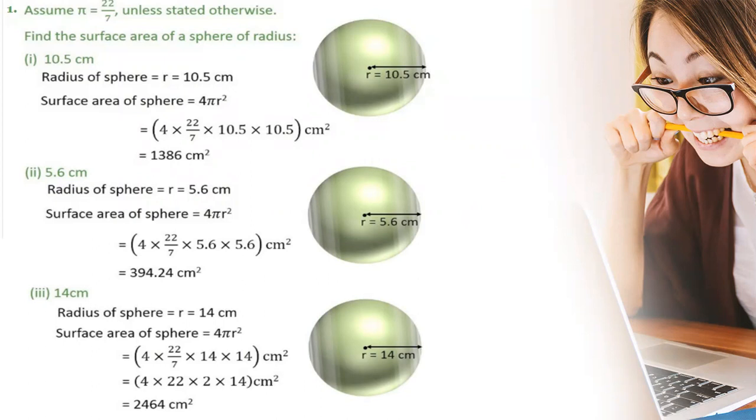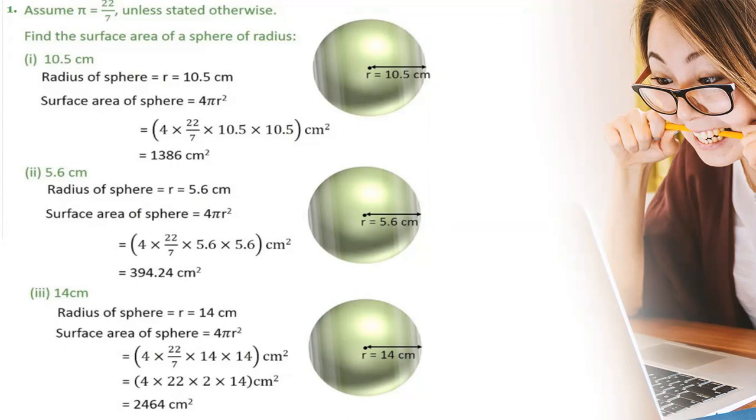So surface area of the sphere is 4 pi r square. Now substituting the value of pi as 22 by 7 and radius r value as 10.5, by solving we get the surface area of sphere as 1386 centimeters square.